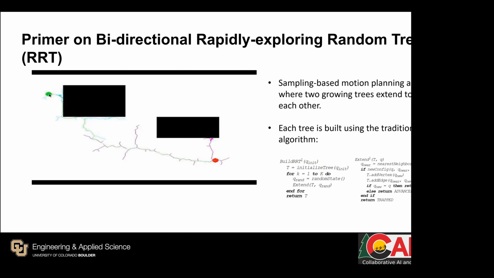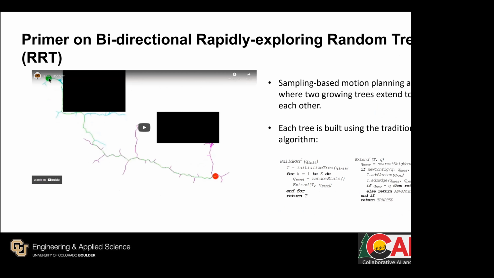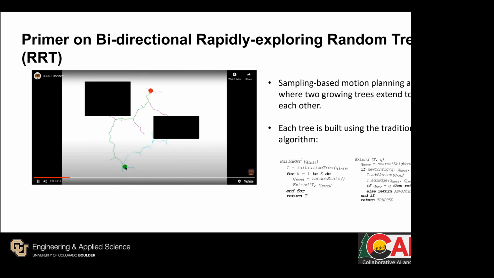So given this task-based region representation, I want to go into a little bit greater detail on the constrained bidirectional rapidly exploring random tree algorithm developed by Mike Stilman and extended into this framework by Dmitry Berenson. As a quick primer, I want to remind people what a bidirectional RRT algorithm does.